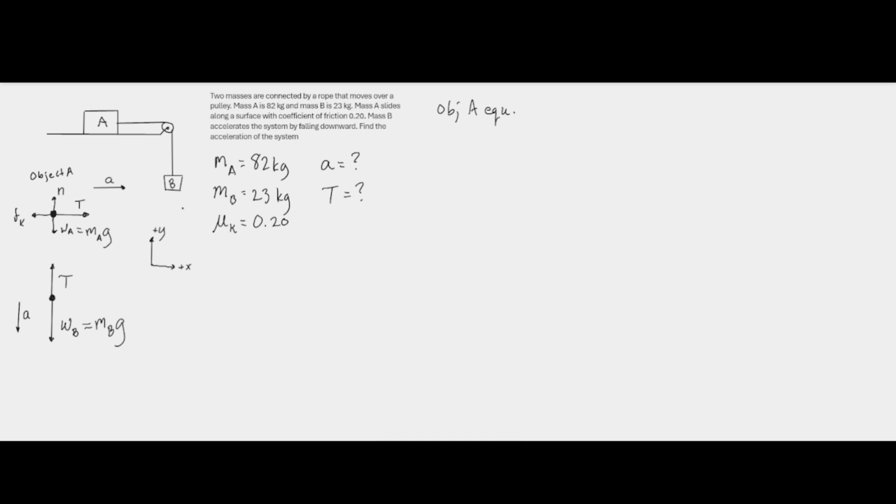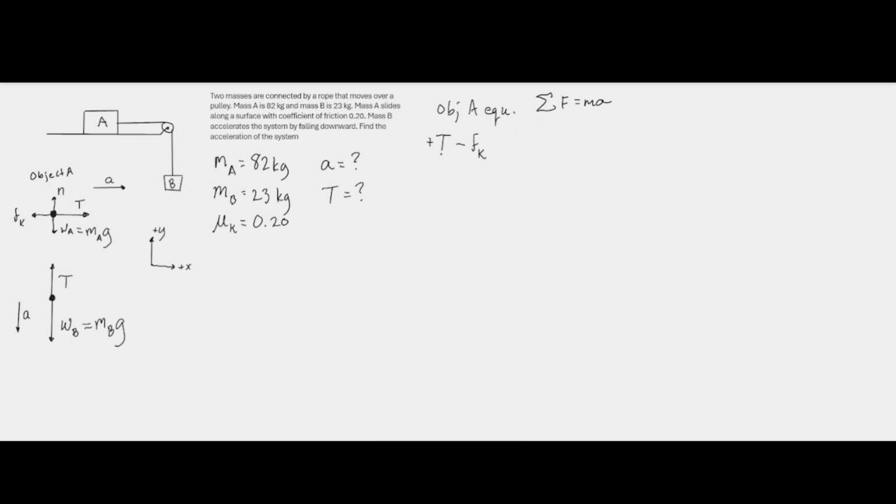So we have a positive tension force since it's pointing to the right. And from that, we subtract the force of kinetic friction, because it's a negative friction force. And we know that the general equation is, of course, the sum of the forces is equal to the mass times acceleration.